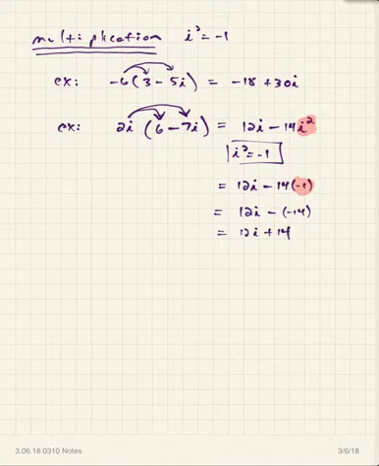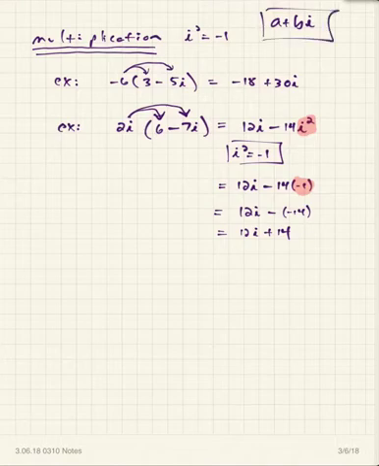Now, usually when you're talking about operations with imaginary numbers, you try to write the answer in a+bi form. So 12i plus 14 is correct. I would not penalize you for writing that, but I also want you to look cool in the math lab when you're talking in the math lab. And so people might not think you're cool if you wrote it this way, if you wrote it 12i plus 14.